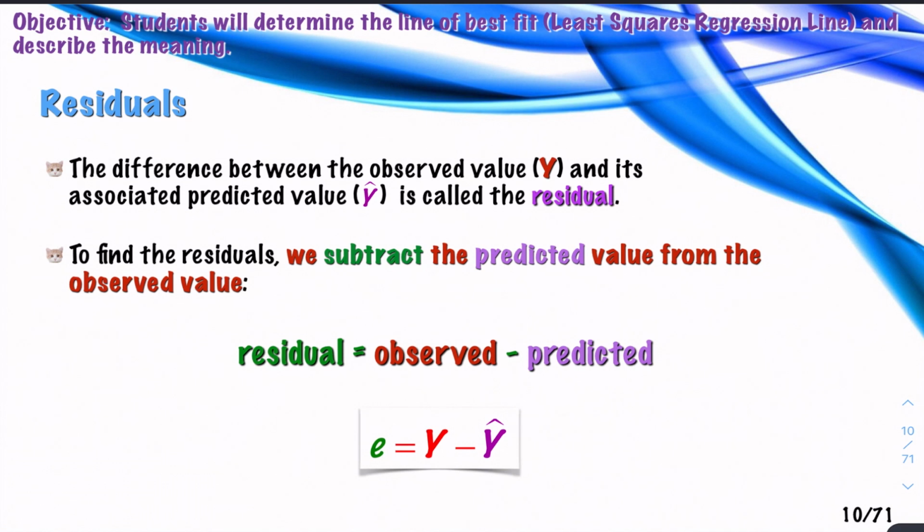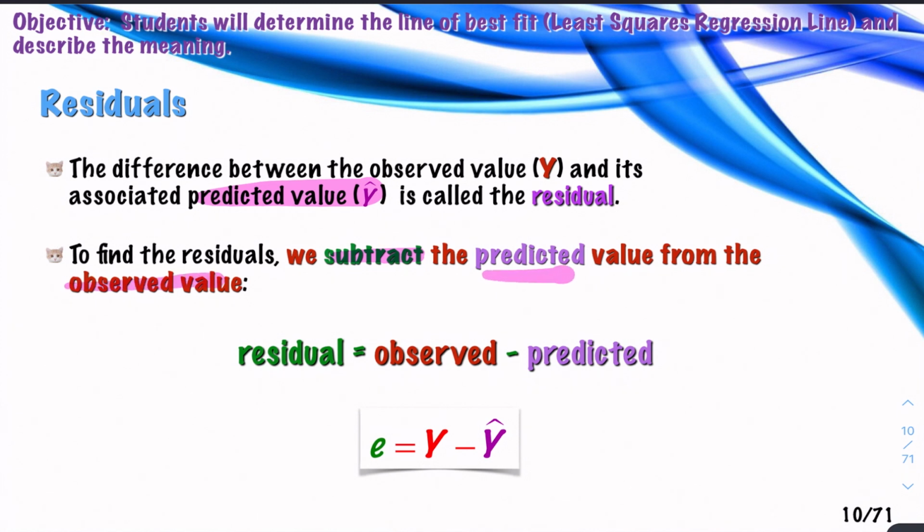Now, if we are above our line or below our line, then we are talking about the residuals. The difference between the observed value, the actually measured term, and its associated predicted value, or y hat, is called the residual. To find the residuals, we subtract the predicted value from the observed value.